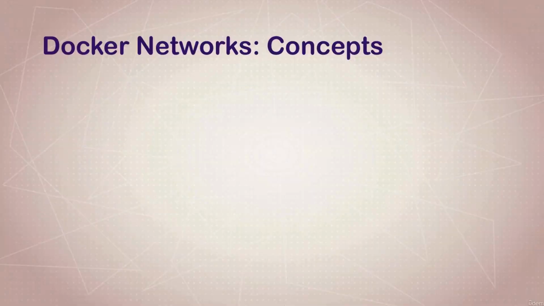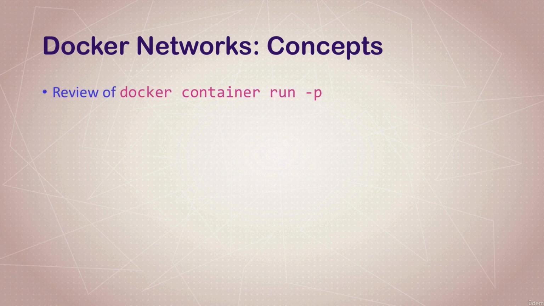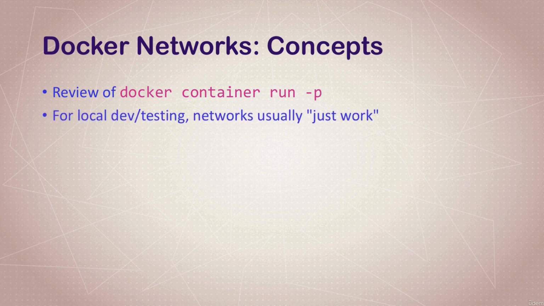So just a quick recap on this section. We actually spent a lot of time on the concepts of Docker networking, including the exposing of ports on your host to the physical network using the -p, and the idea of Docker focusing on sane defaults, where they call it batteries included but removable, and how for local dev and testing, you probably can just get by with the defaults, but everything is changeable.